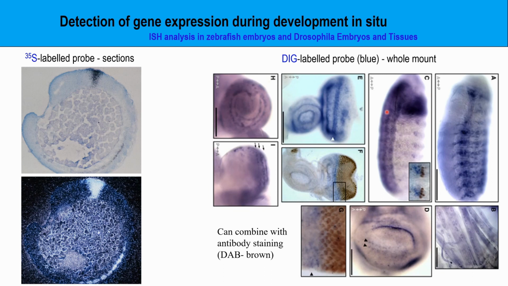These are some that I made myself during my PhD, and here we have Drosophila embryos labeled with different mRNA probes. And here we have an eye disc from the developing larva, and a brain from the larva. And the cool thing with these, apart from not having to use radioactivity, and you can visualize them through the light microscope, was you could combine them with antibody stainings, for example.